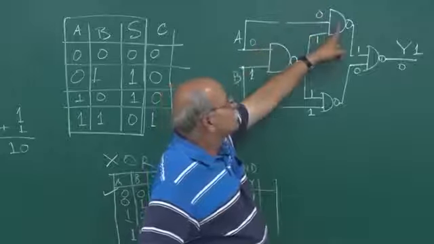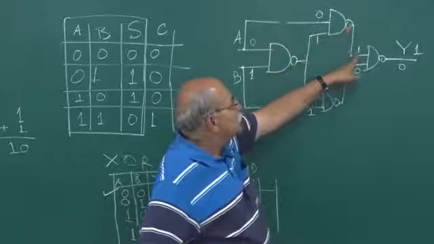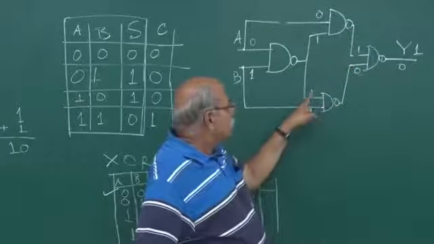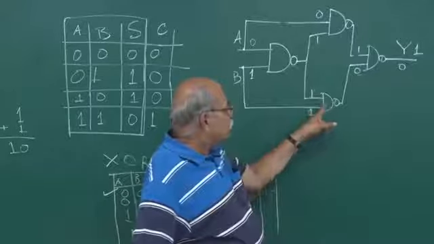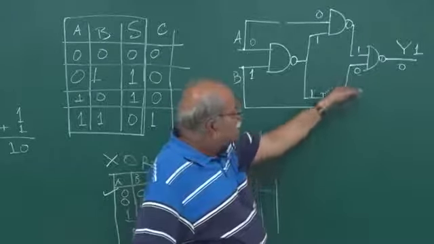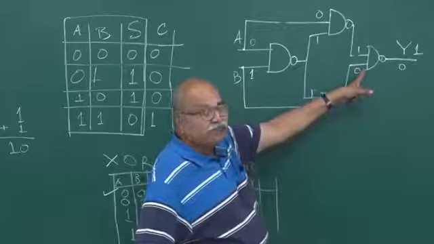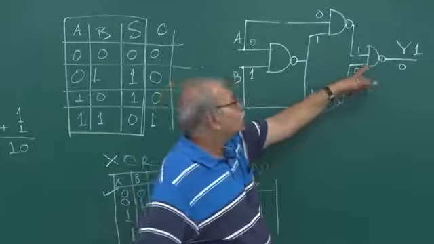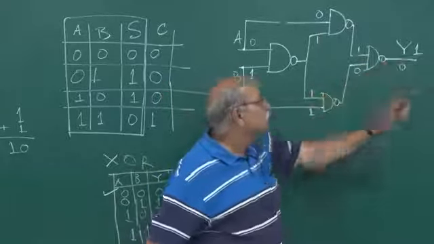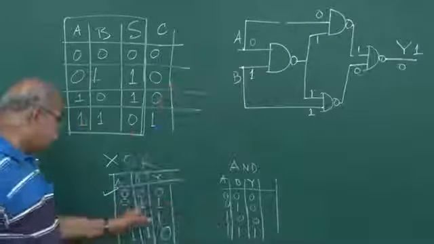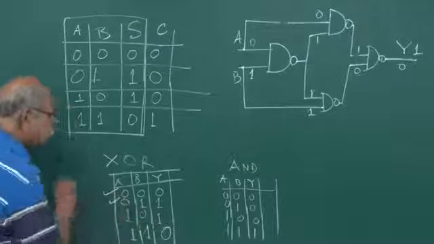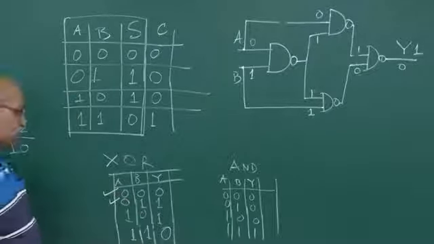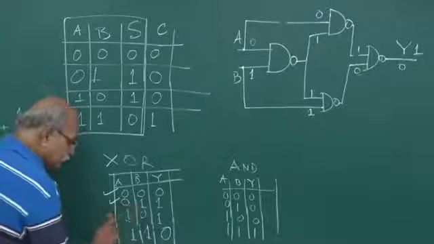So here it is 0, here it is 1. So this is 1. And then on this side 1 and 1 is 1 and then NOT of that is 0. So it is 0. 1 and 0 is 0 and therefore NOT of this is 1. So 0 and 1 is giving me 1. So this line is okay. And you understand, if this line is okay, then this line is also okay.